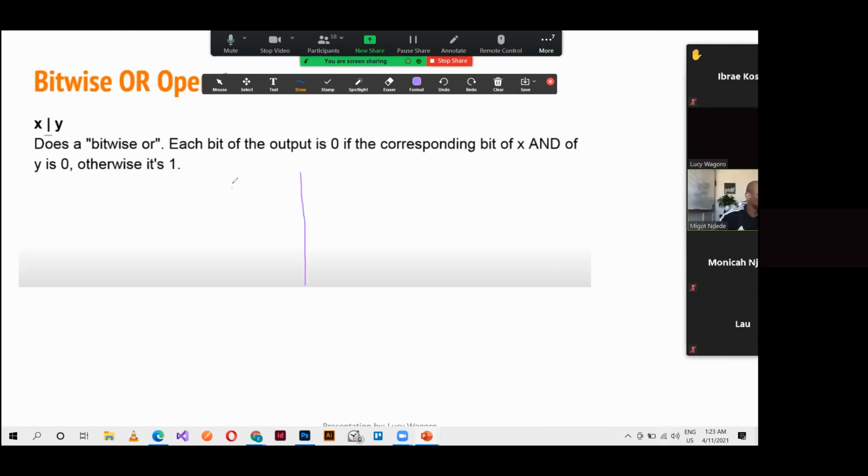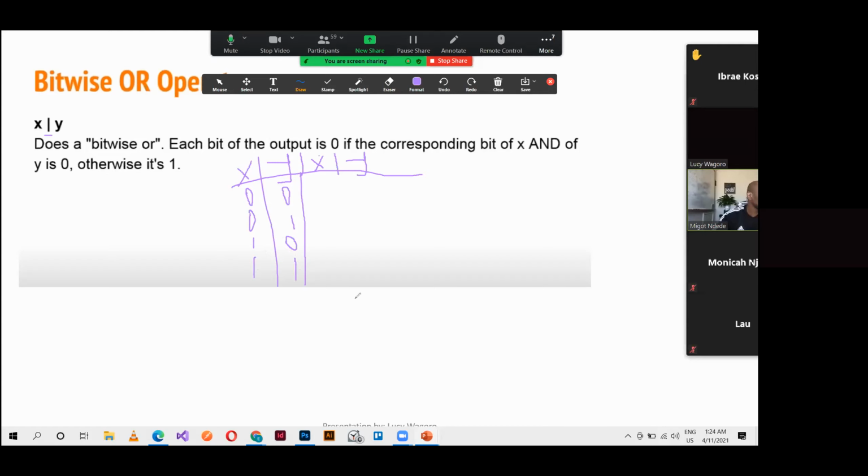Again, I'll bring the possibilities in a truth table. So we have an X and we have a Y, and then we have X or Y. There is a possibility of X being a 0, Y being a 0; X being a 0, Y being a 1; X being a 1, Y being a 0; and X being a 1 and Y being a 1.